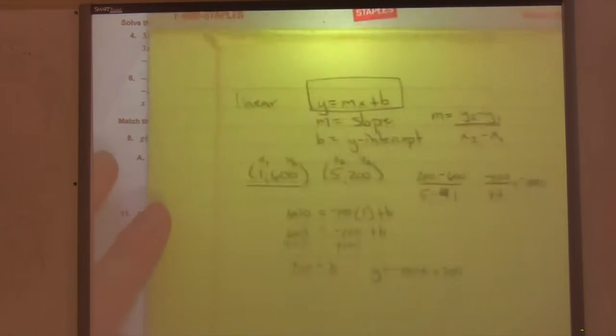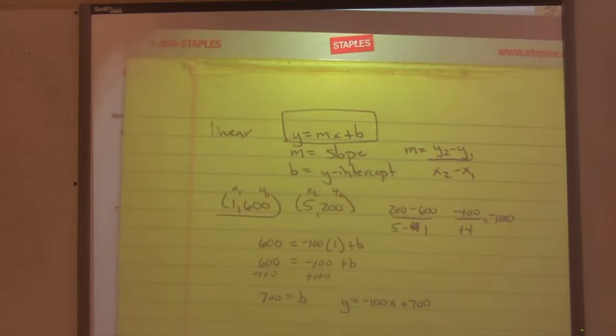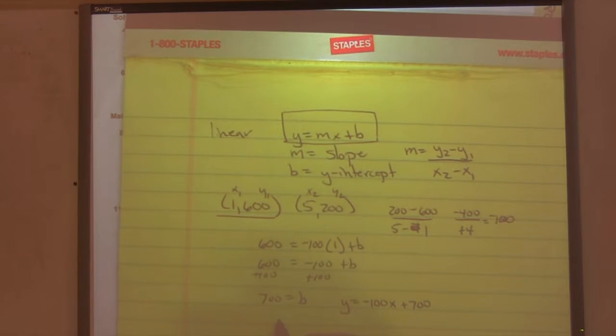Now they ask us to interpret the slope. Well, the slope is negative 100. When they ask you to interpret the slope, you're interpreting it for the chart. So again, this is home sales in millions. This tells us that the sales are going down 100 every year, so I would just say that sales are decreasing.